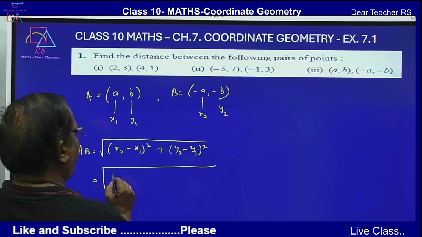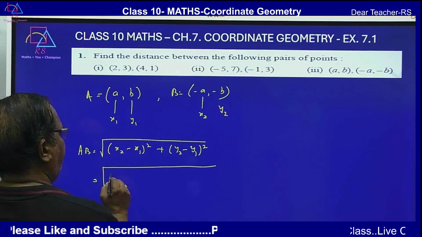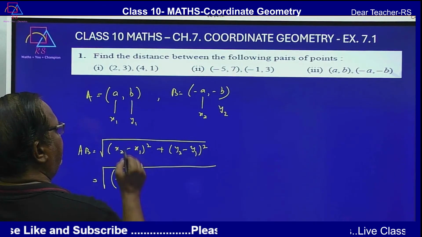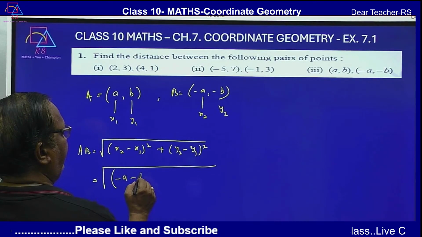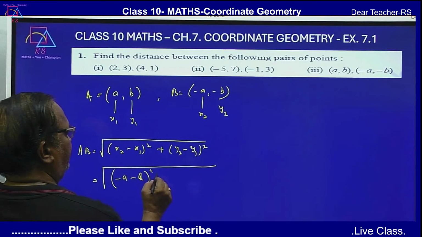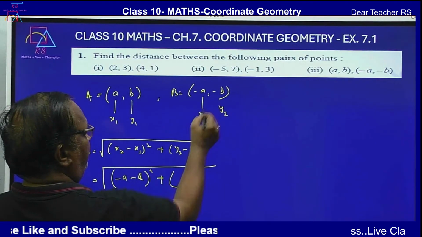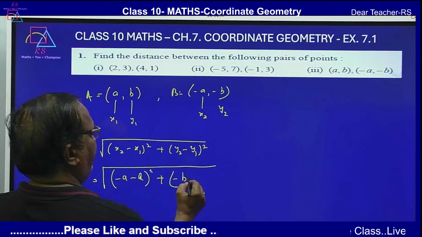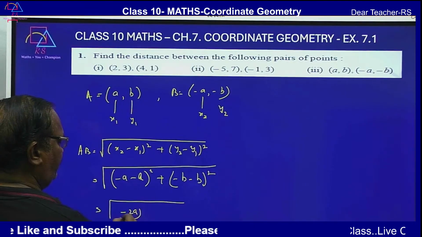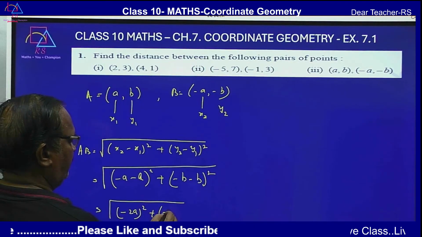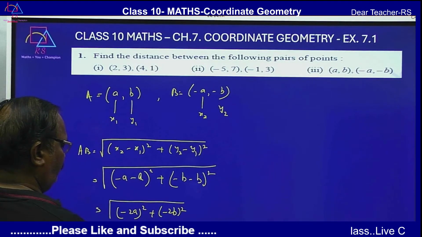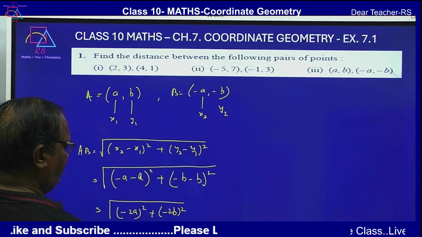So then, in the bracket, x2 means minus a, minus x1, which is a, whole square, plus minus b minus b whole square. So it is equal to (minus 2a) whole square plus (minus 2b) whole square, which is 4a square plus 4b square.